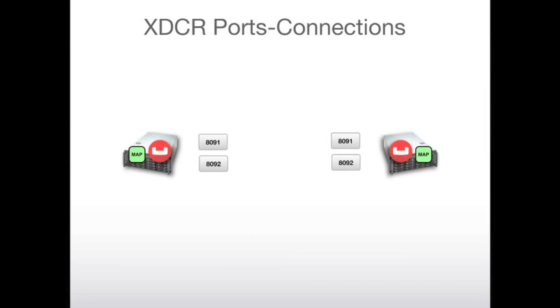XDCR uses ports 8091 and 8092. On the left-hand side, you're going to see this inverted Couchbase node, and on the right side is a second cluster. It connects with port 8091 and gets the cluster map and configuration. I have a typo there.